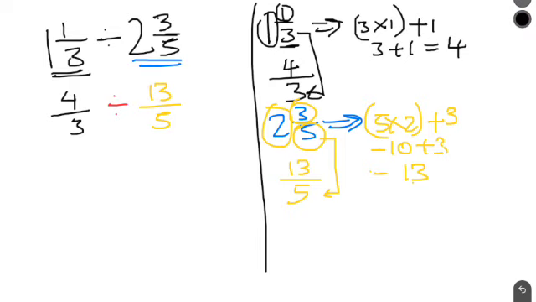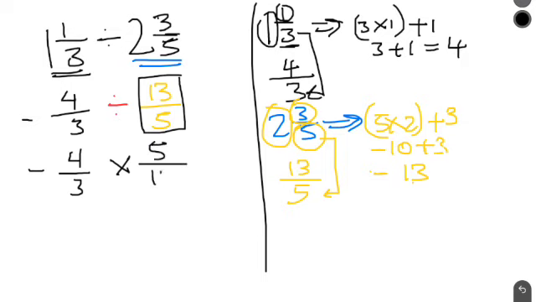So the next step is we keep the first fraction, we change our division sign to a multiplication, and then we invert or flip the rightmost fraction. So it's 13 over 5, and we're going to flip that to 5 over 13. Then we multiply all of the numerators together, and we multiply all of the denominators together.